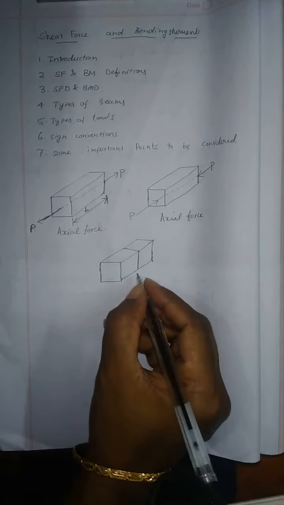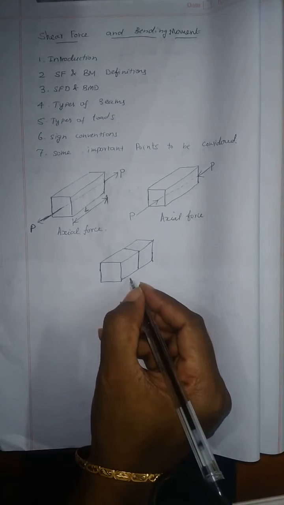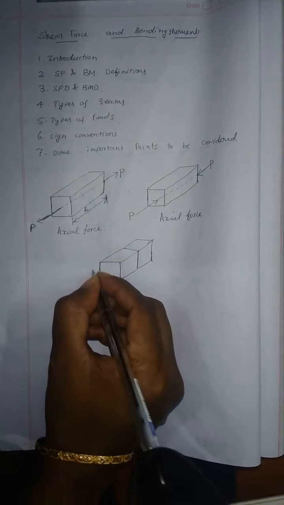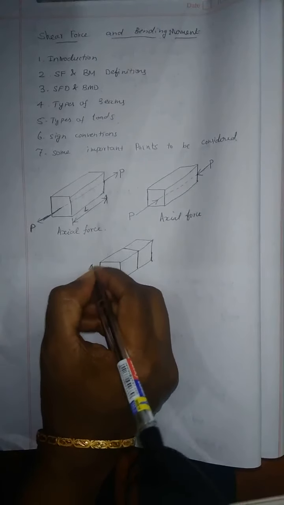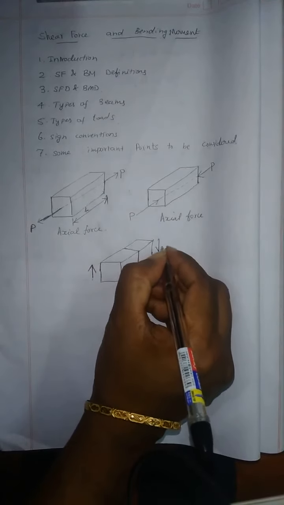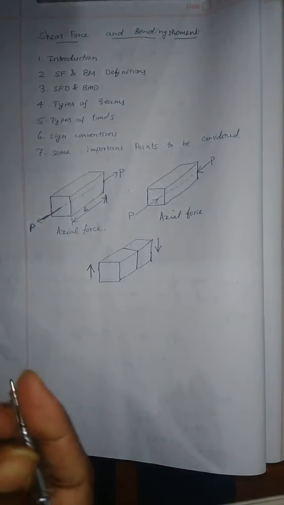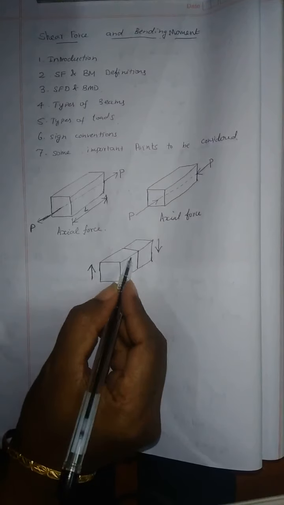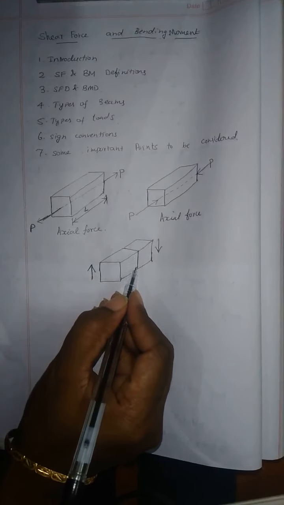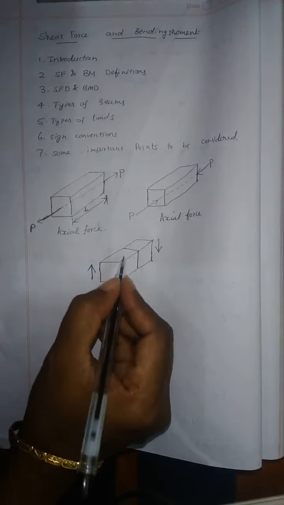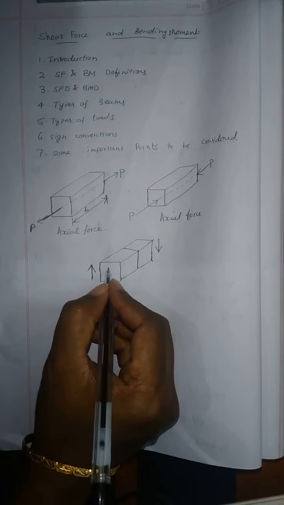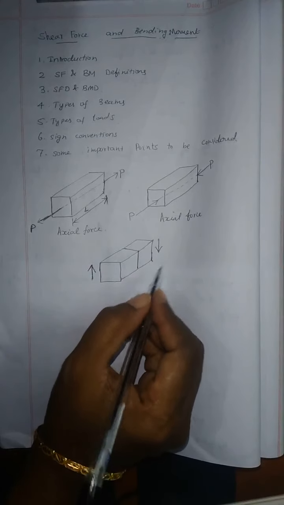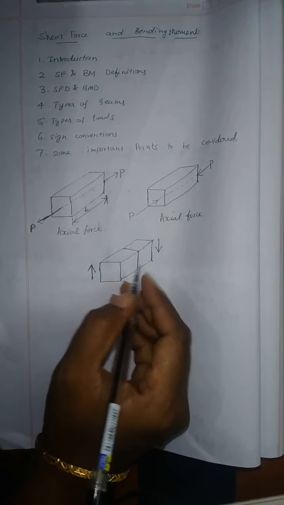And when we are applying the load in this direction and also in the other direction, so here when we are applying the load in two opposite directions, this object will slide. So this object will slide in upward direction and this will come onto the downward direction. So this is because of the shear force.